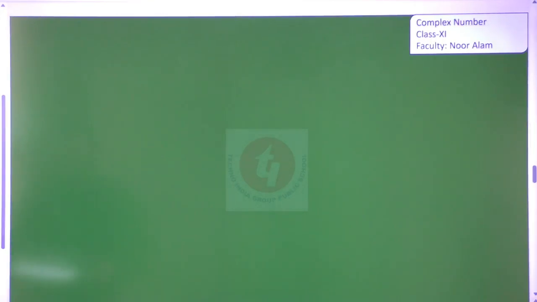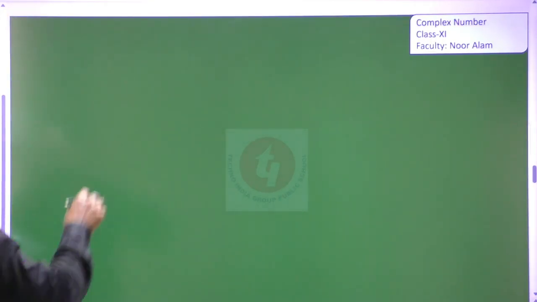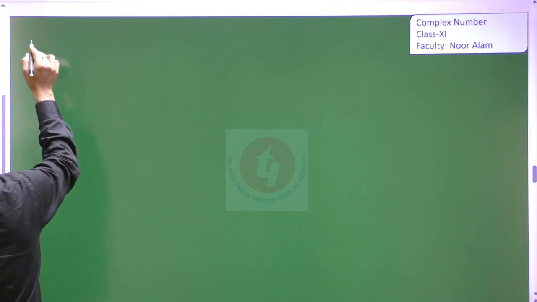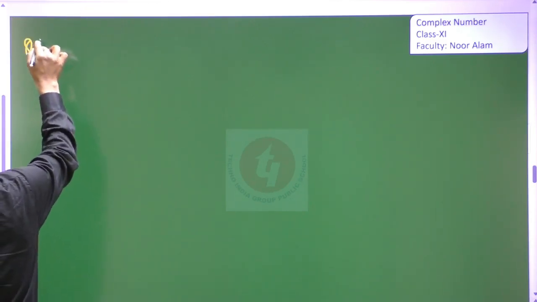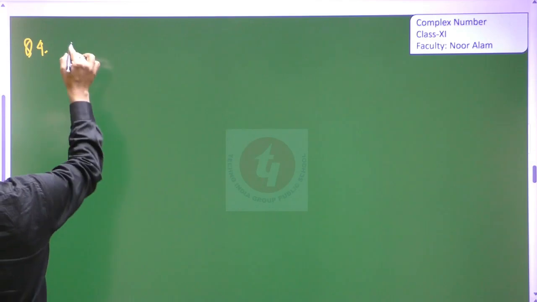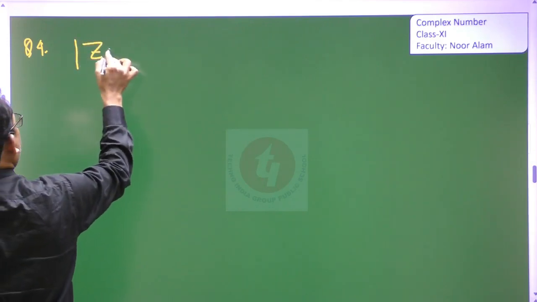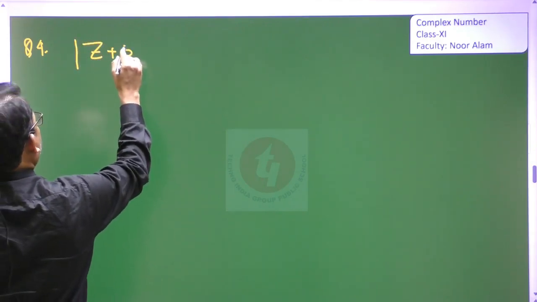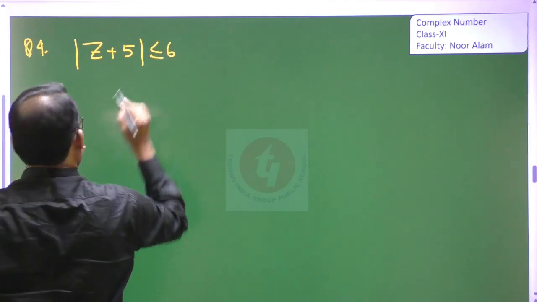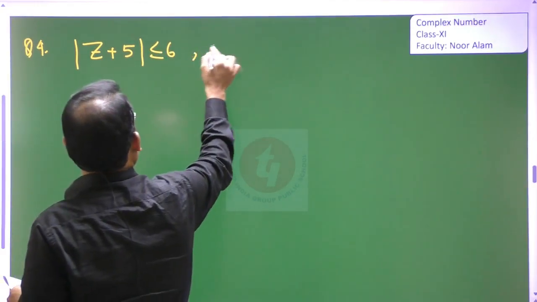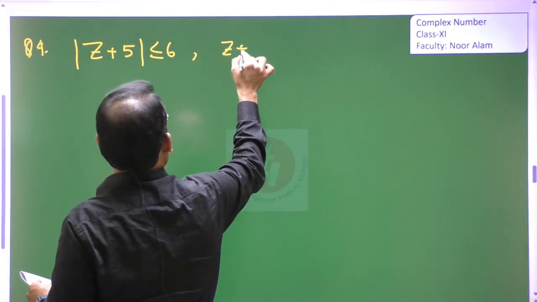Now after the basic problems, we are going to solve 2-3 interesting questions. Question number 4: mod of z plus 5 is less than or equal to 6. Can we find the modulus of z plus 2?